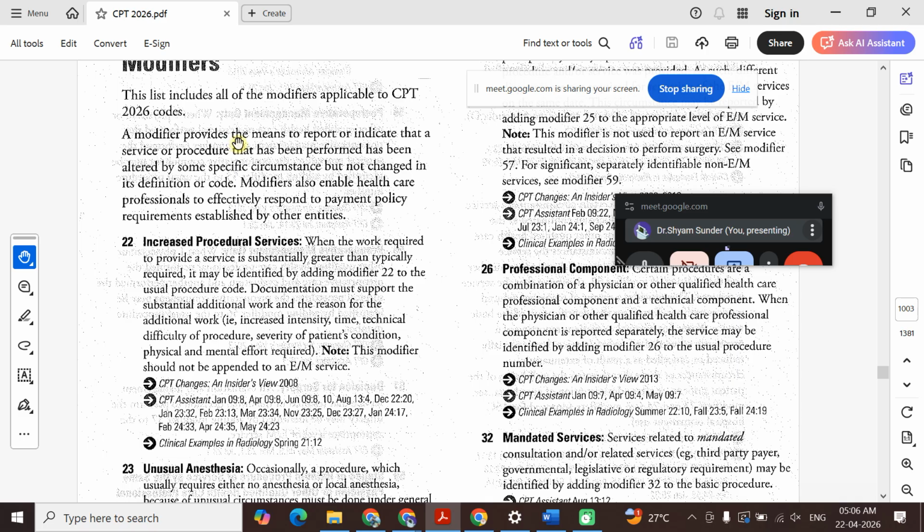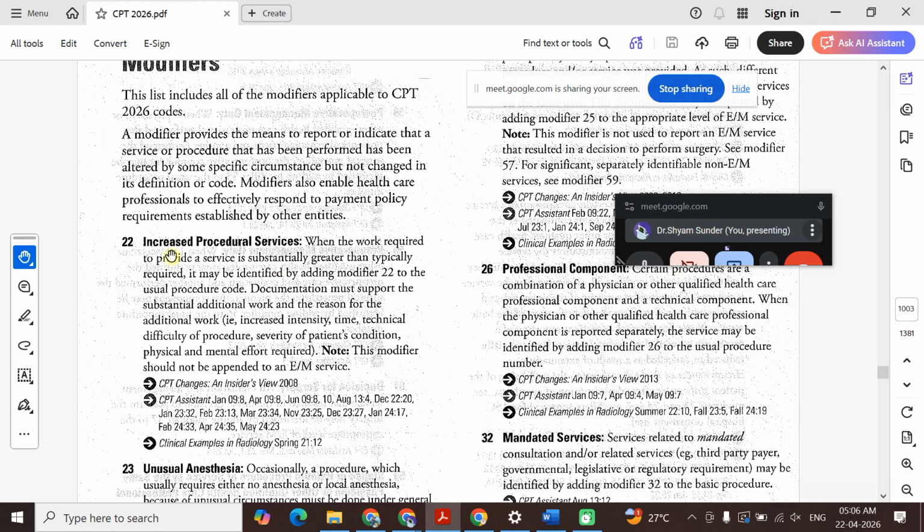A modifier provides the means to report or indicate that a service or procedure that has been performed has been altered by some specific circumstance, but not changed in its definition or code. This is a lengthy definition, but please understand, modifiers provide additional information about a particular CPT code or procedure.